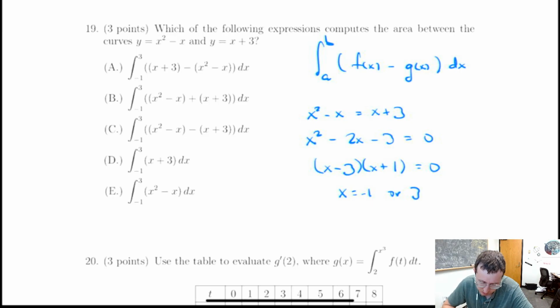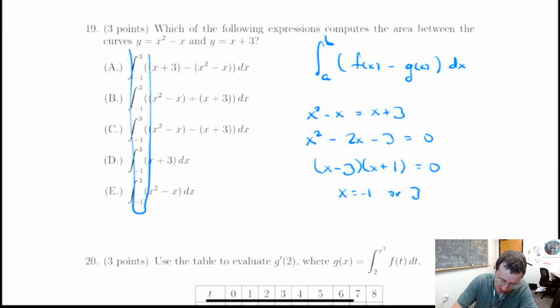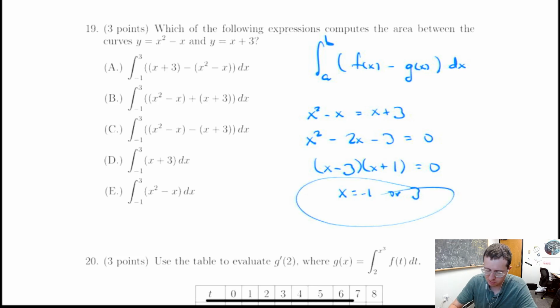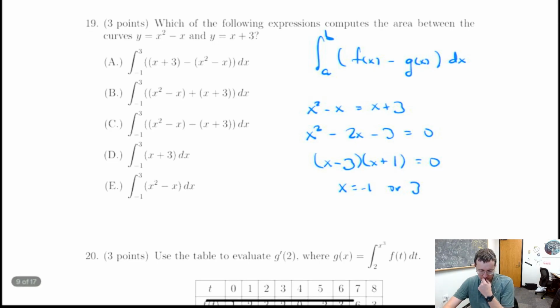It turns out we didn't actually need to do that, just because this was a multiple choice question, and every single option has an integral from negative 1 to 3. But if this were not a multiple choice question, this is how you would find the bounds. Now, which function goes first?